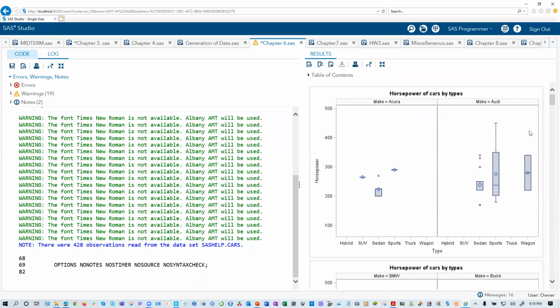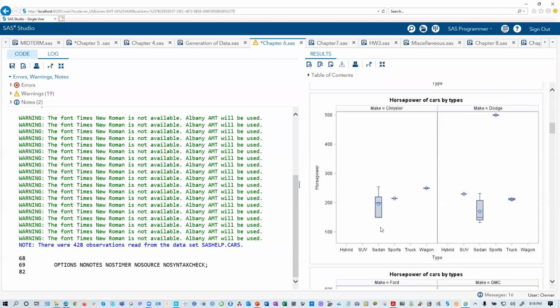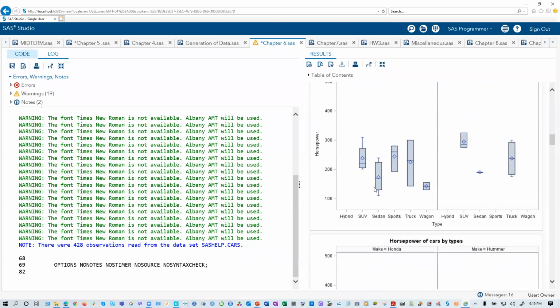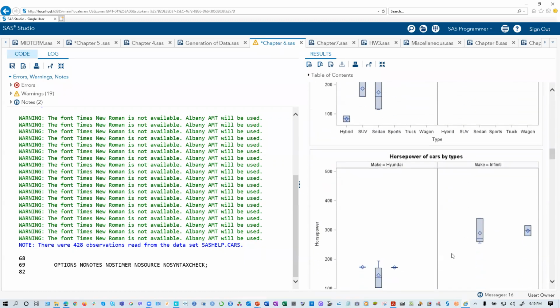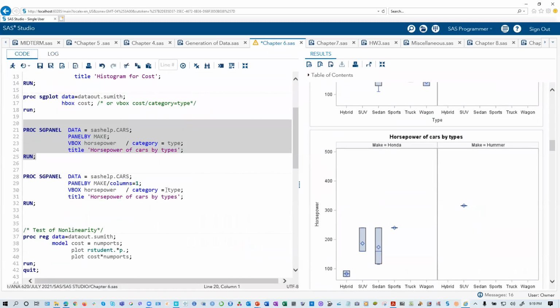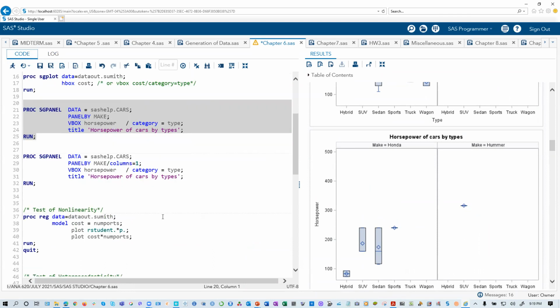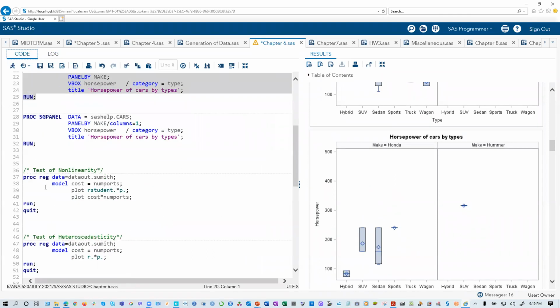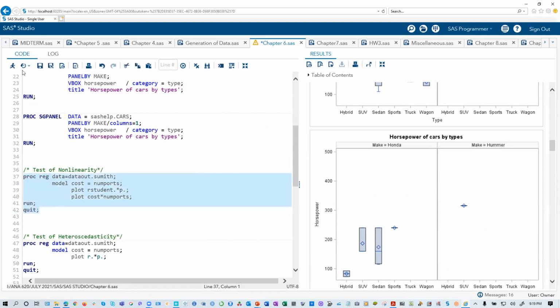So you can get this done any way you want. You can compare and contrast. Here, the box plot. You can also check the non-linearity with a test of the non-linearity.